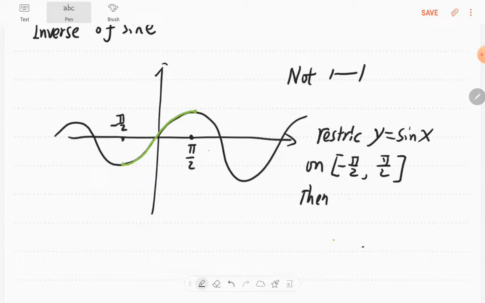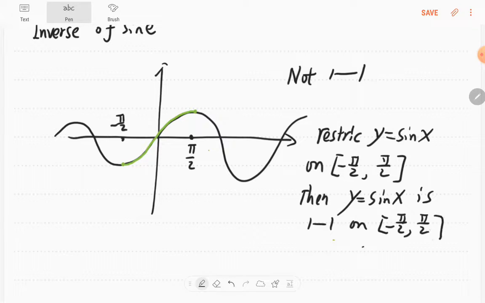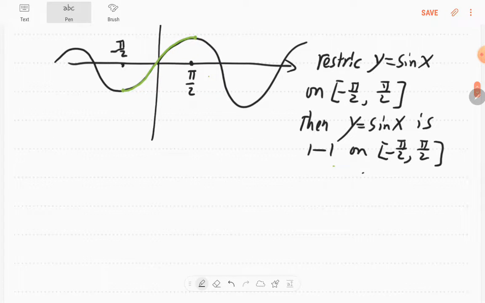Then y equals sine x is one-to-one on the interval from negative pi over 2 to pi over 2. So we can define the inverse function for this part, for sine x when x is between negative pi over 2 and pi over 2.